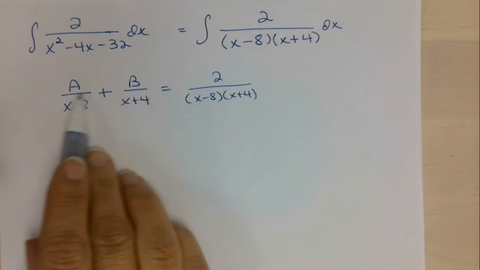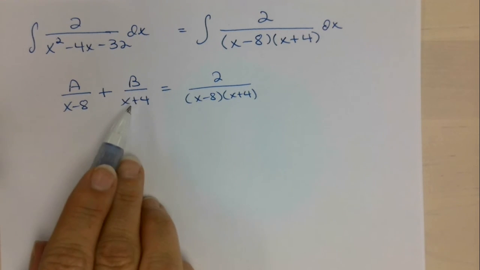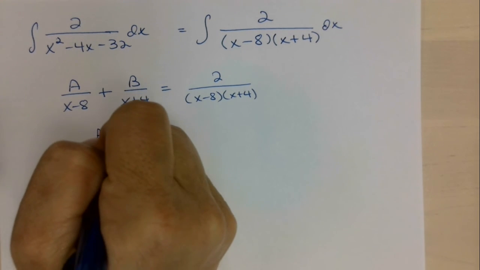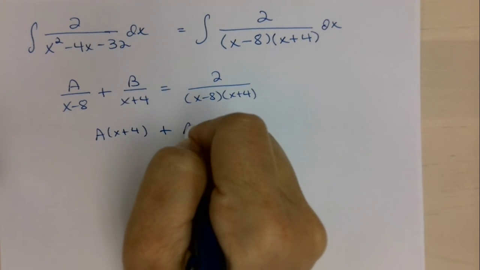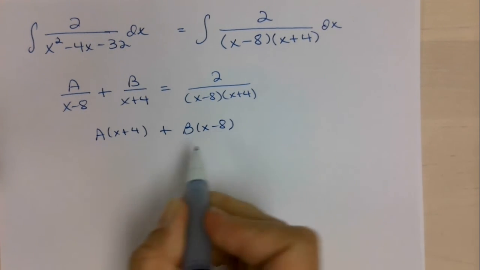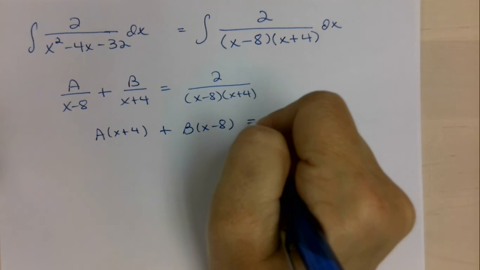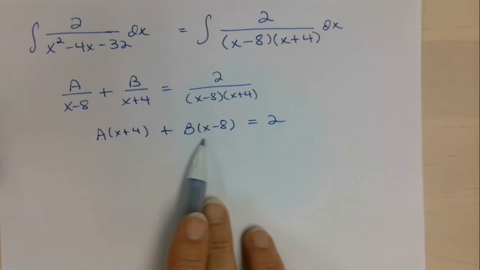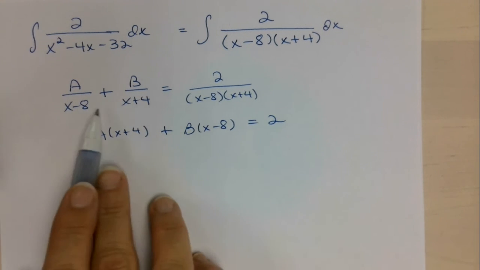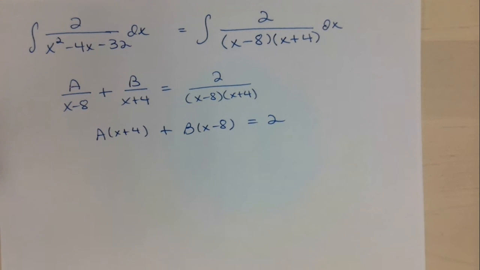I'm just going to find my new numerator over here, multiplying x plus 4 times a, and then multiplying x minus 8 times b. And I want this numerator to be equal to 2. I'm skipping the step of rewriting the whole fraction because really what we need here is just the numerators. We already know that our denominators are all equal.